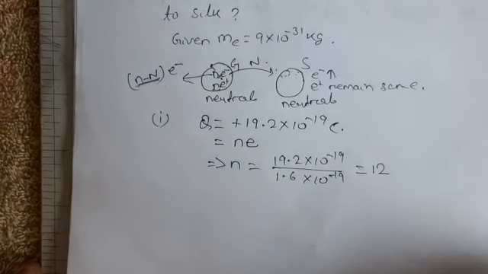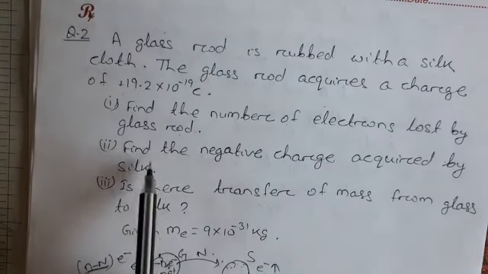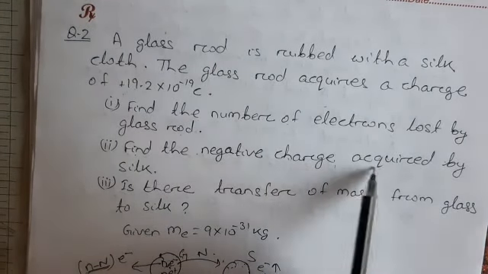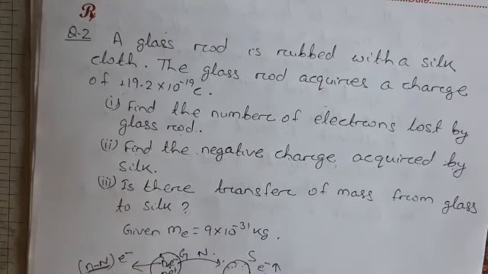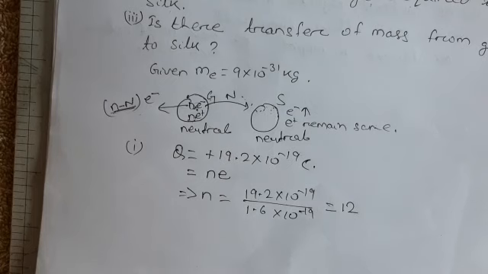Then coming to the next part. Find the negative charge acquired by the silk. See, I have told one point: when electrons transfer from one body to another, one body gets positive charge and the other body gets negative charge.